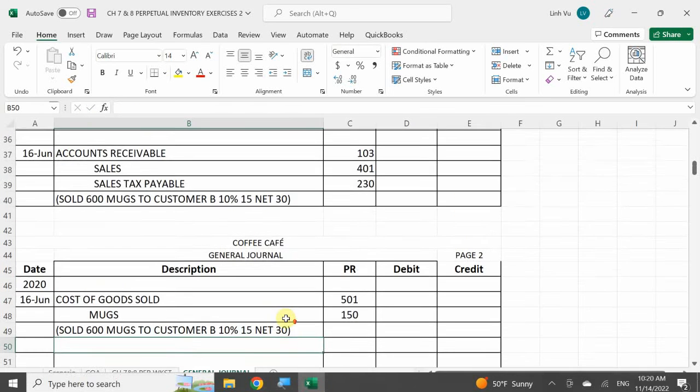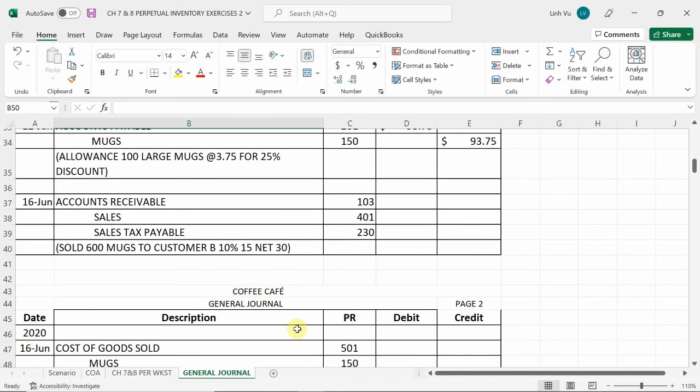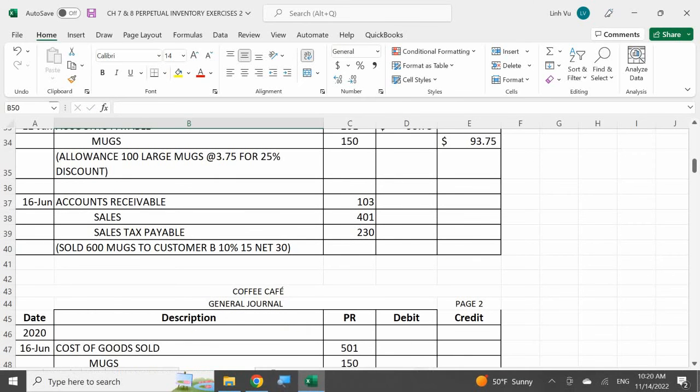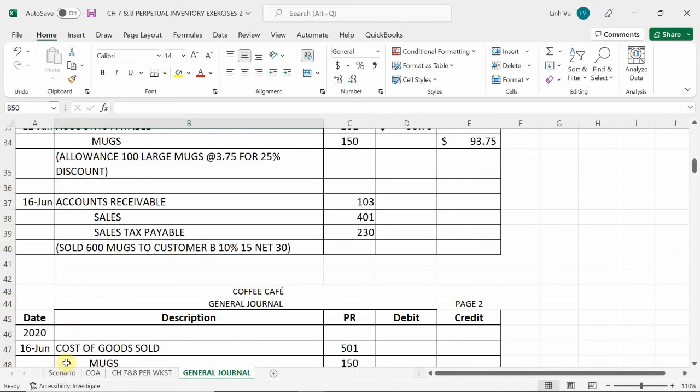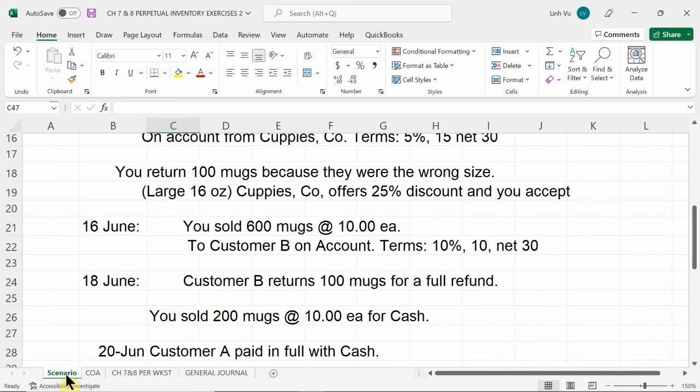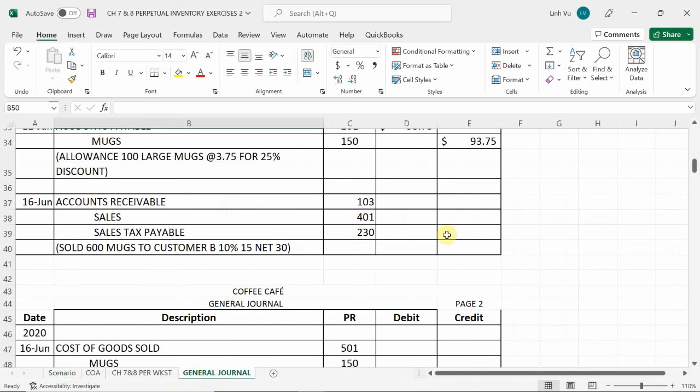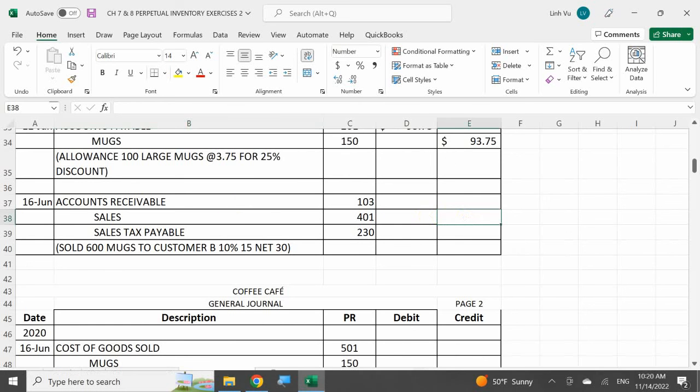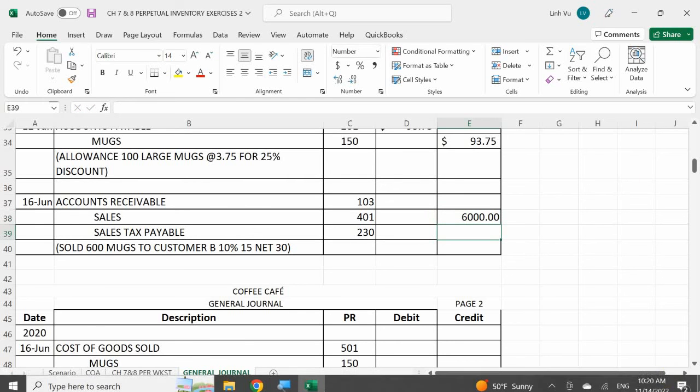Okay. So first off, we sold 600 units at $10 each, right? We sold 600 mugs, $10 each, and of course, sales tax. Okay, so let's figure that out. We sold 600 mugs at $10 each, so that's $6,000.